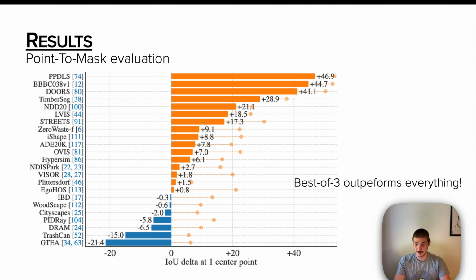Finally, let's talk about results. As a primary result, they show this specific task that they were solving, promptable segmentation, point to mask. There's really not that many models that can do that as well. So they found a model called RITM that also does this.